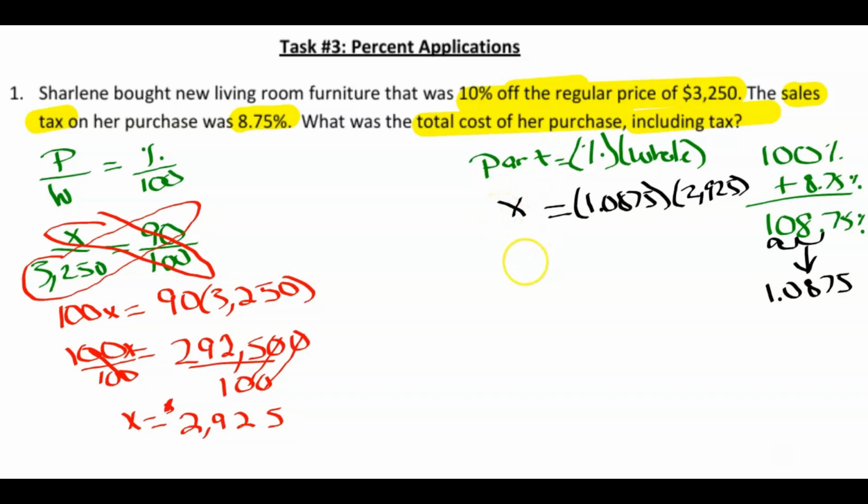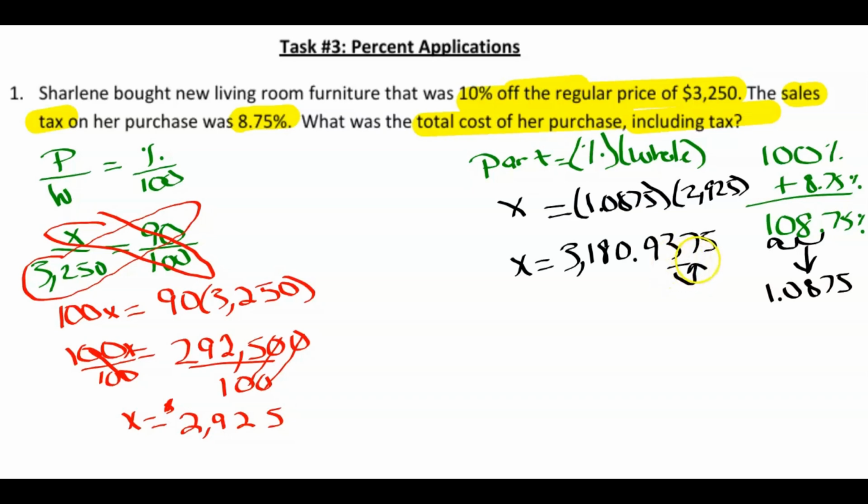Now let's cook. We find out x is about 3,180.9375. But since we're talking about money, we need to round to the nearest hundredth. The rule is, if the number after the hundredths place is 5 or above, we need to give that 3 a shove.